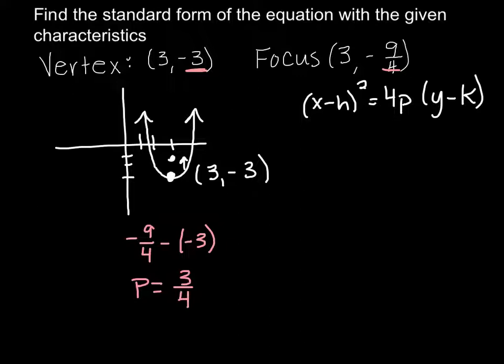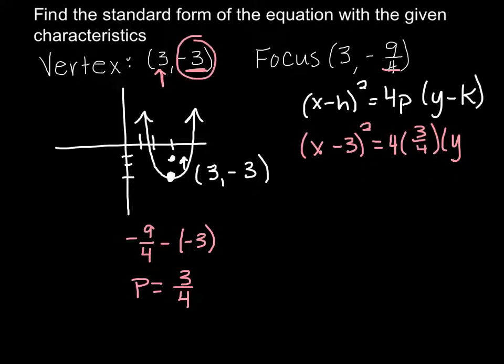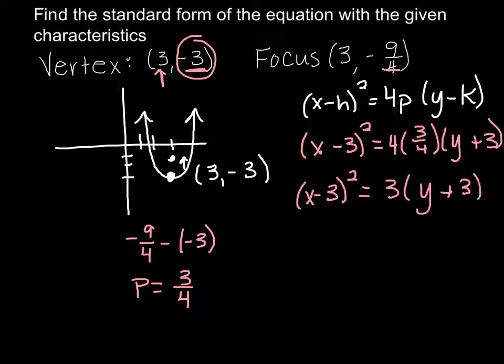So now let's plug in. X and the opposite of x equals 4. The p-value is 3/4. And y and the opposite of y. Let's simplify. (x - 3)² = 3(y + 3). And there's my equation.